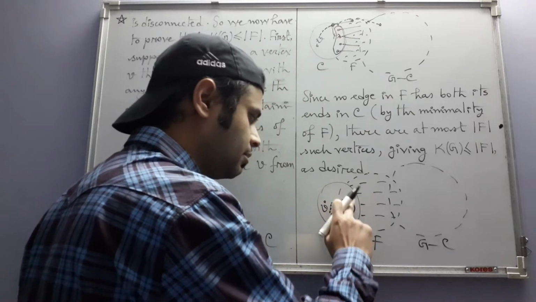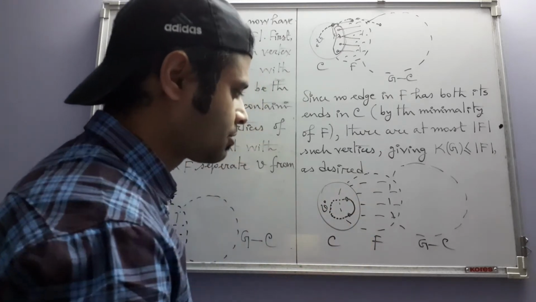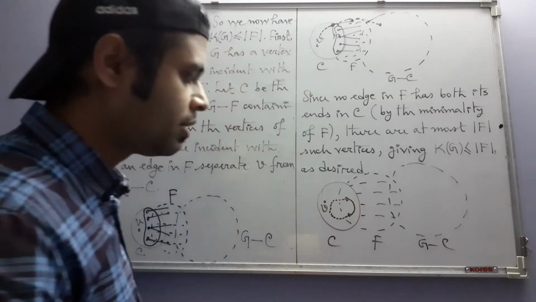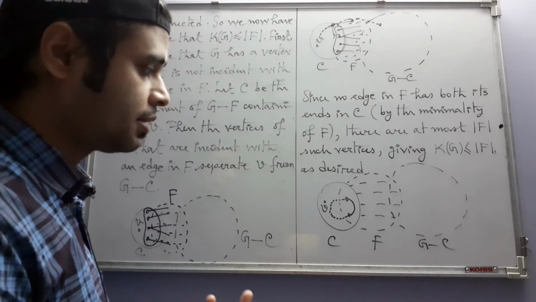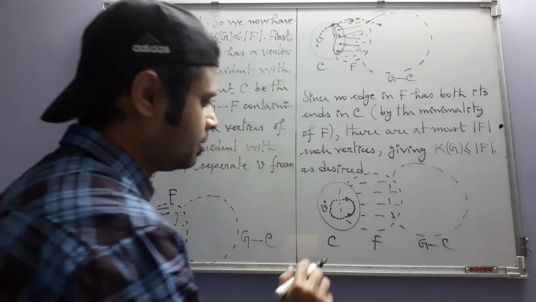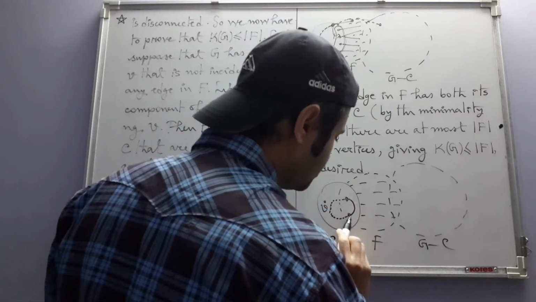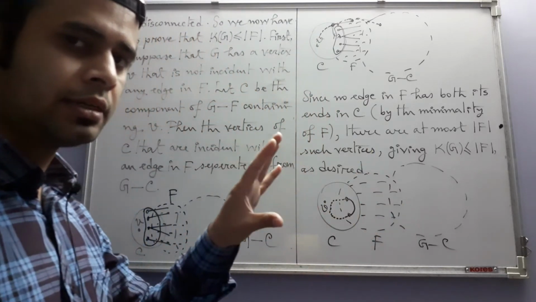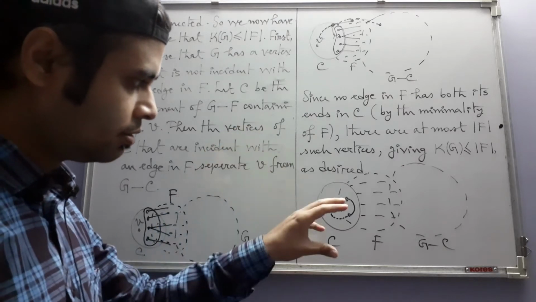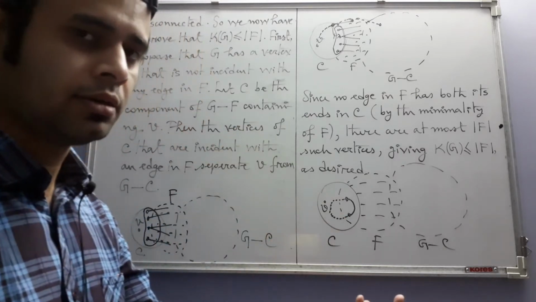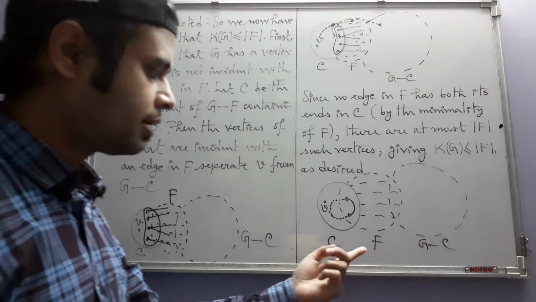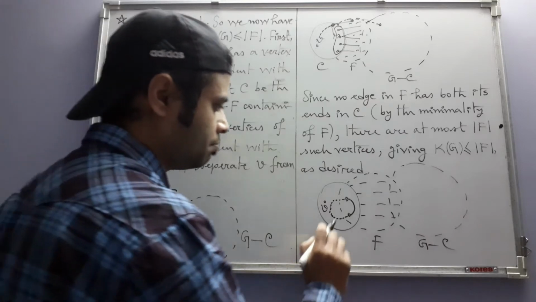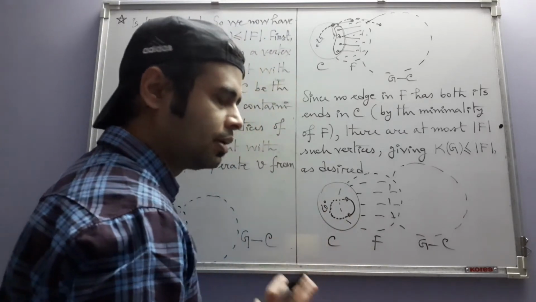Whether this edge is there or not, it does not matter. It loses its usefulness as an element of F. So if we remove this edge from F, we are still getting a set of edges whose removal disconnects the original graph, and that contradicts the minimality of F. I hope this part is clear to us.